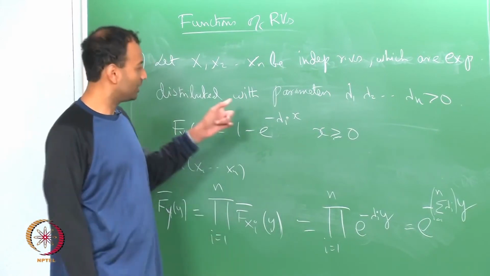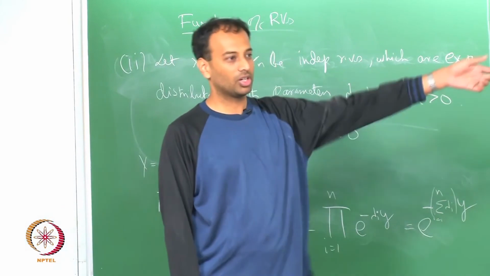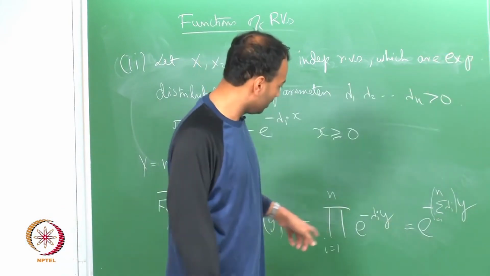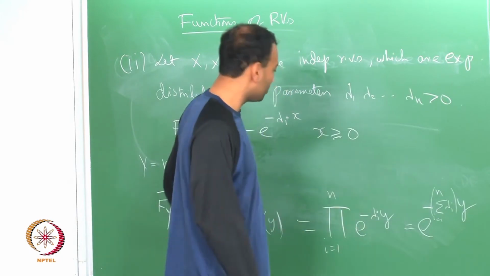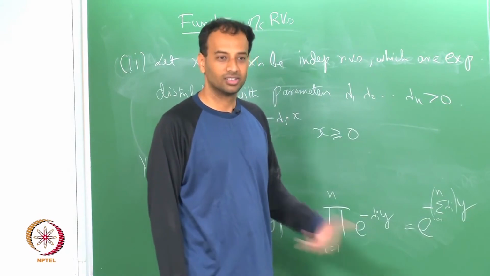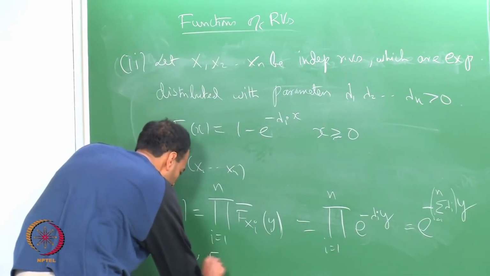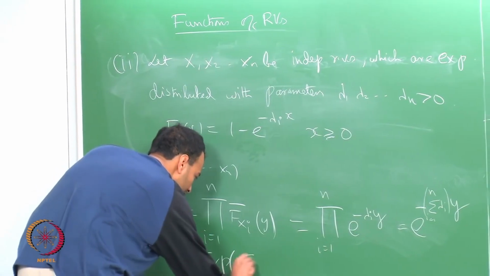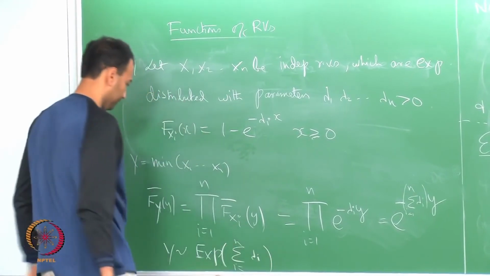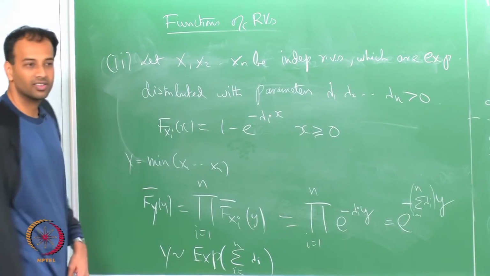So, if you take n independent exponentials with parameters lambda 1, lambda 2, dot dot dot, lambda n, then the minimum is also distributed as an exponential with parameter the sum of the lambdas, right. So, Y is exponential with parameter the sum over i of lambda i. Okay.